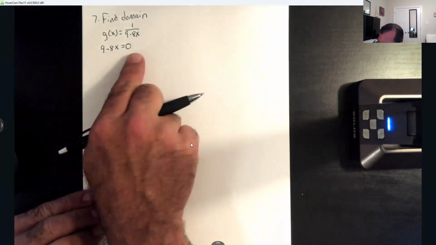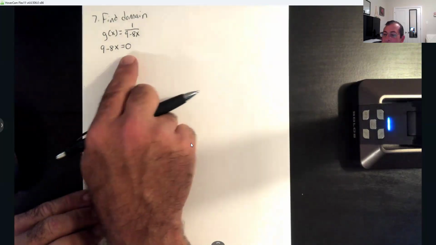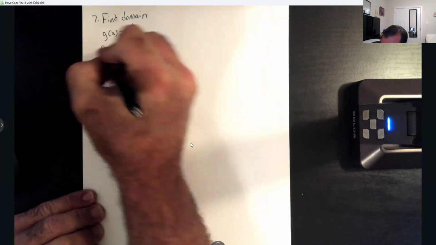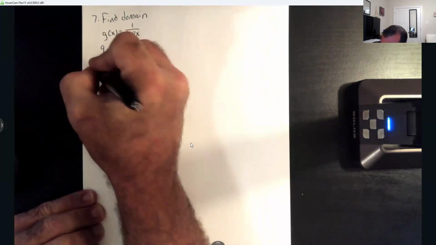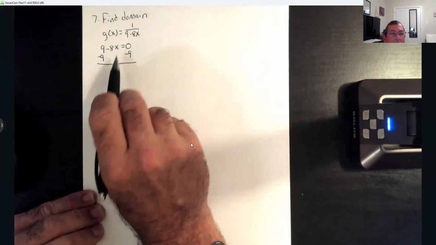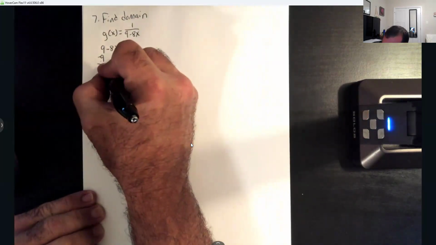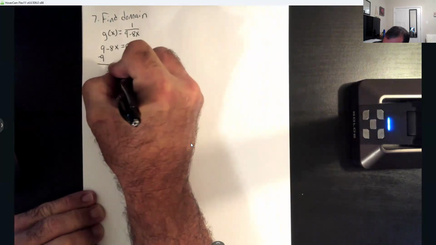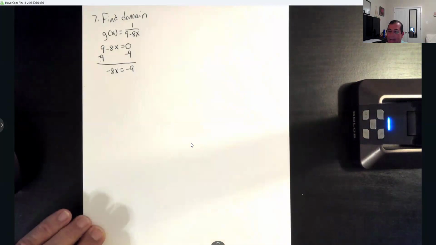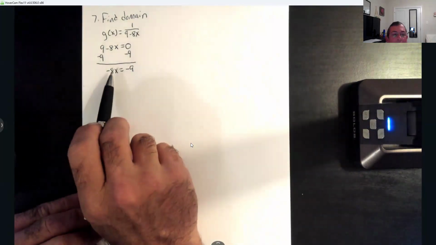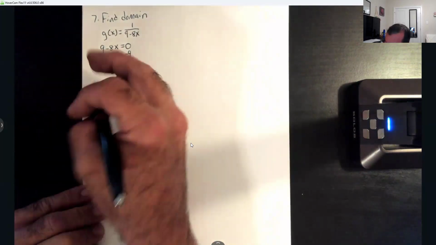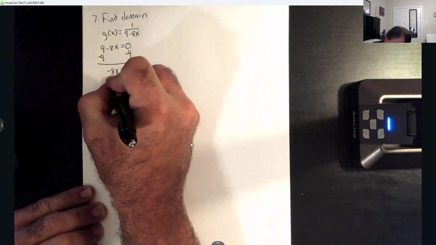So y'all, to solve this, what y'all doing? Moving that 9 over. So I'm going to move the 9 over by subtracting. So those 9s will cancel. I'm going to get a negative 8x on the left side equal to the negative 9. All right, so remember, we're still solving for 1x here, so we're going to divide both sides by negative 8.